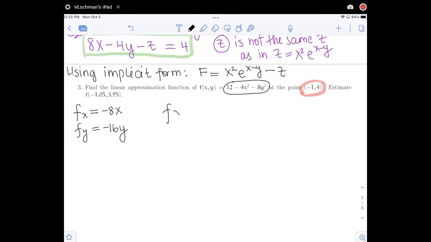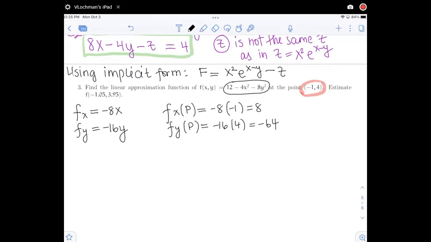We can evaluate these. Pretty simple. We get 8 here, and then this is -16 times 4, so we get -64.